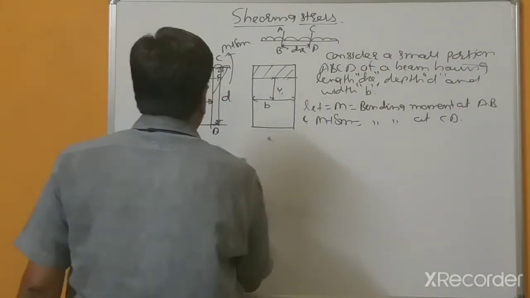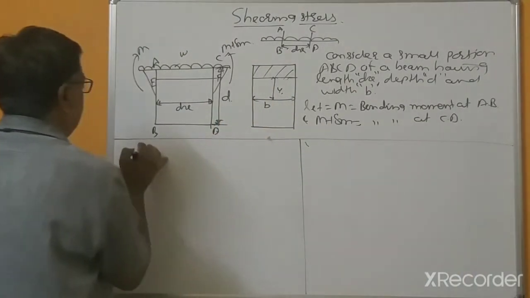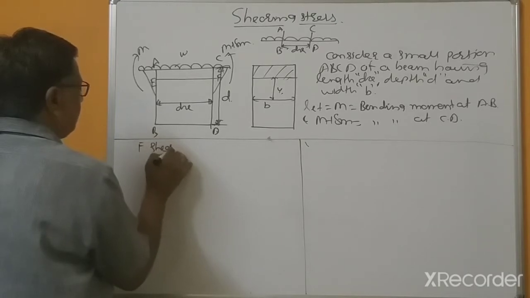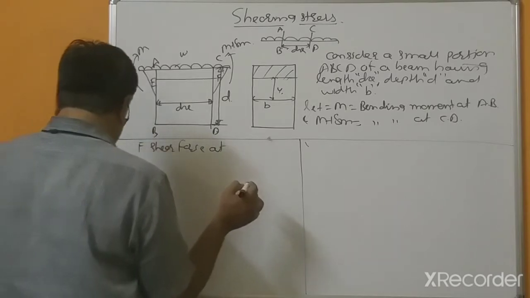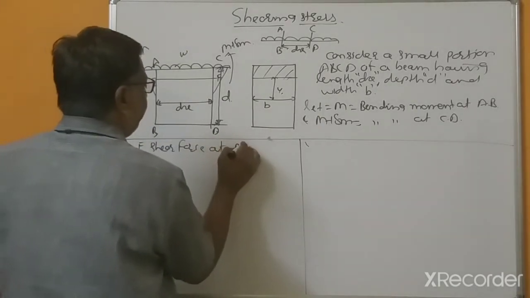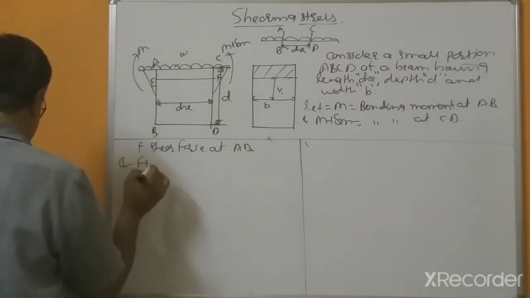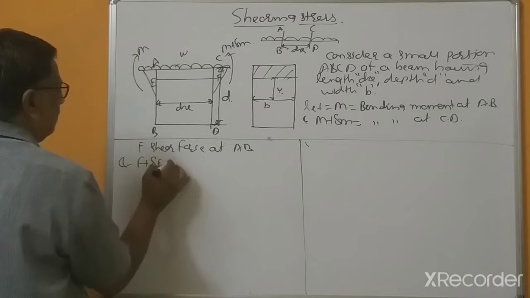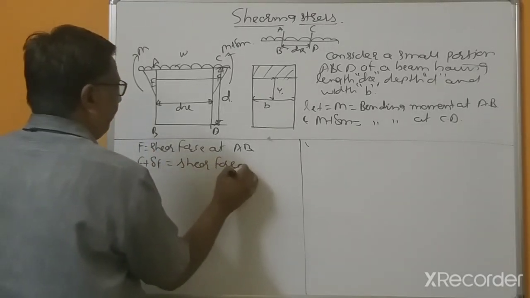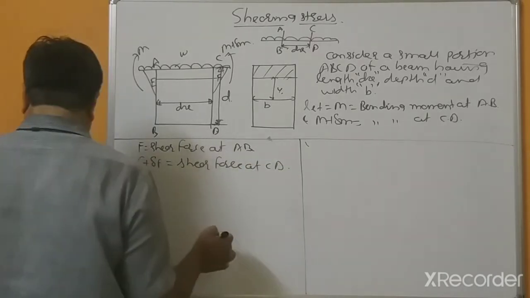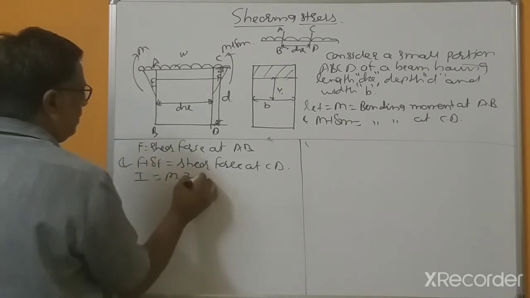F is the shear force at AB and F plus delta F is the shear force at CD.